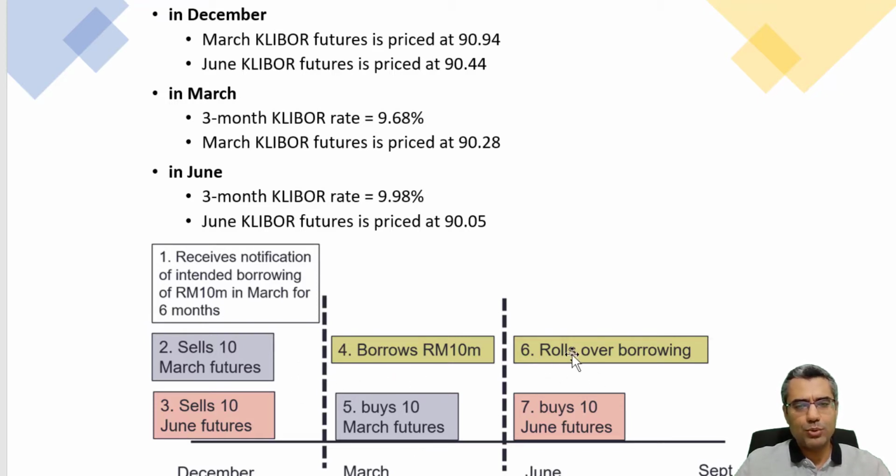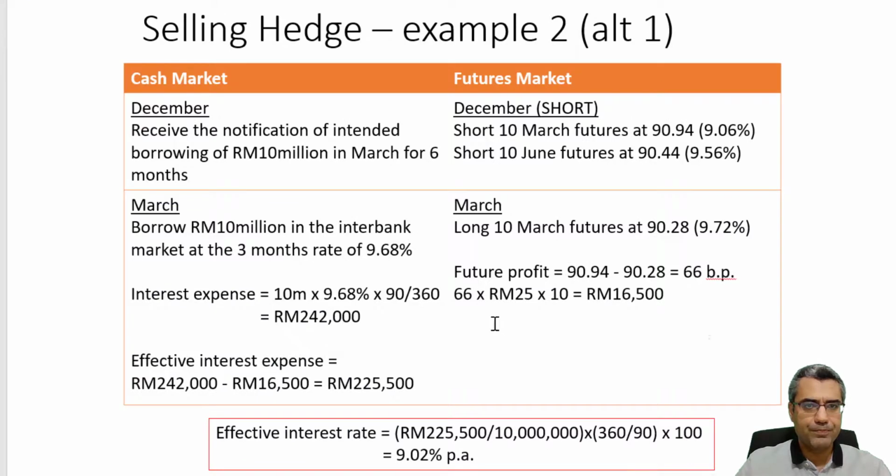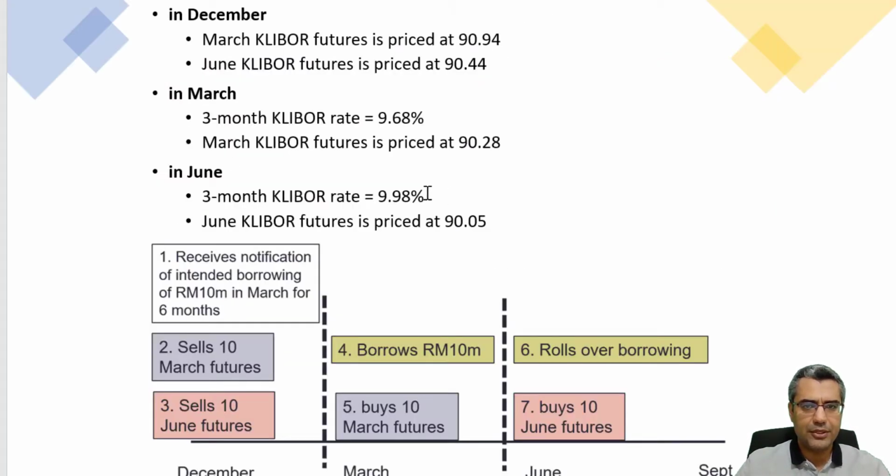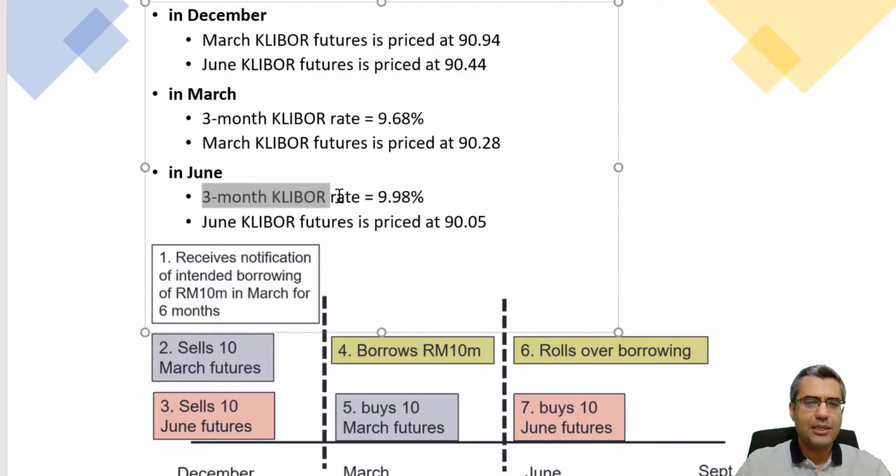Now let's go to the next cycle, which is June. So in June, what I need to do is first roll over the borrowing at 9.98%, where I got this here, 9.98. Suppose in June we want to roll over the borrowing, meaning extend the borrowing, but I have to borrow now at 9.98%.